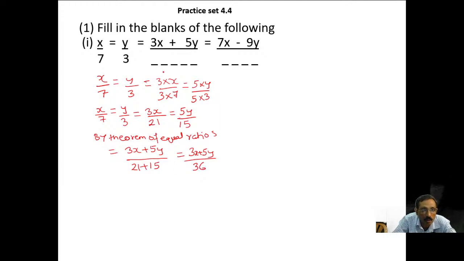That means what I will be getting is, I got 3x plus 5y upon 36.